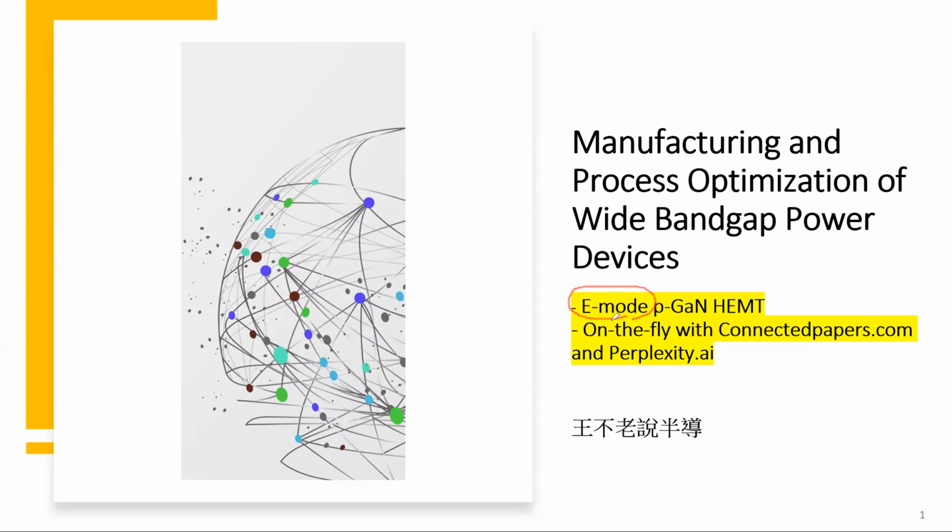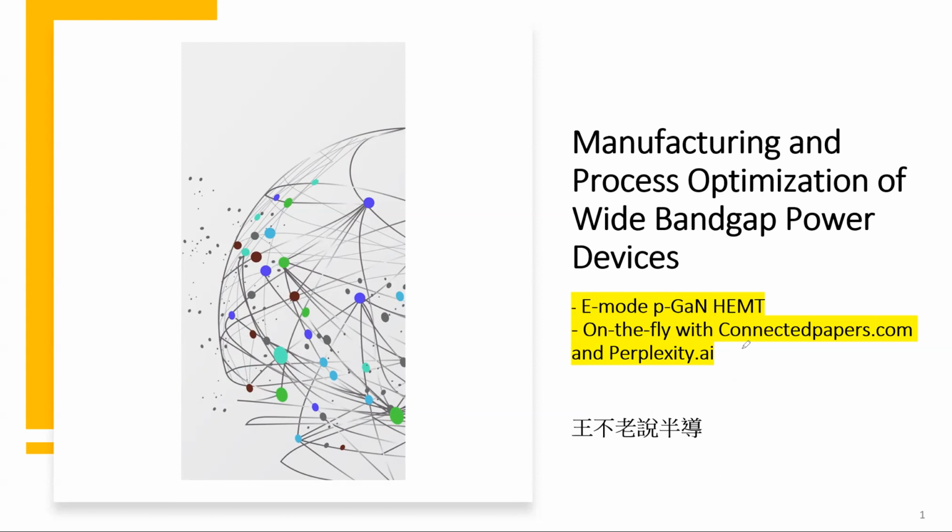How do you make a p-GaN, which is intrinsically D mode, depletion mode, into enhancement mode, especially focusing on the defects, and why people do that, and how to solve that with process. This is the focus of my talk.